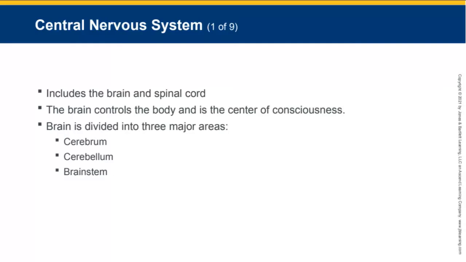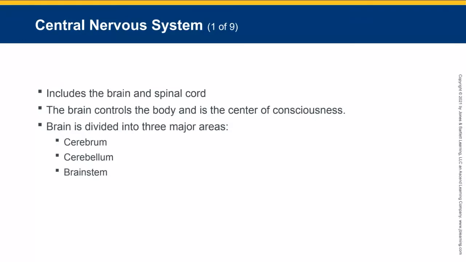The cerebrum is responsible for all conscious thoughts and functions. Anything that requires us to think about it is going to be the cerebrum. That's the role of the cerebrum. The cerebrum is divided into the right and left hemisphere.